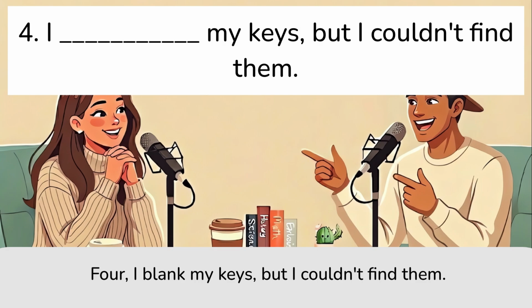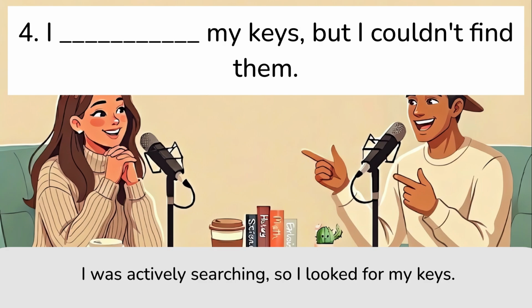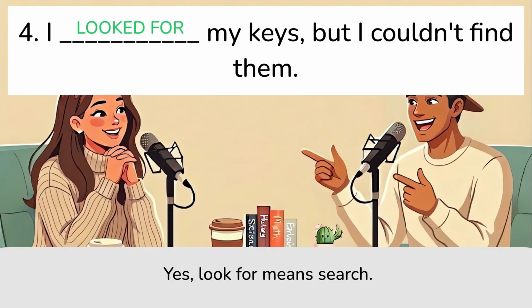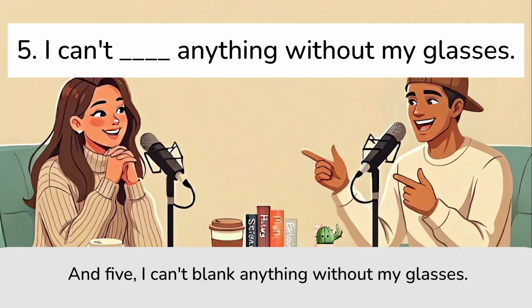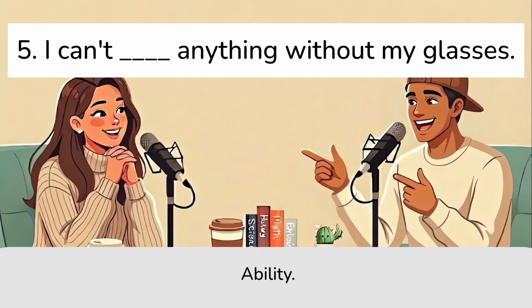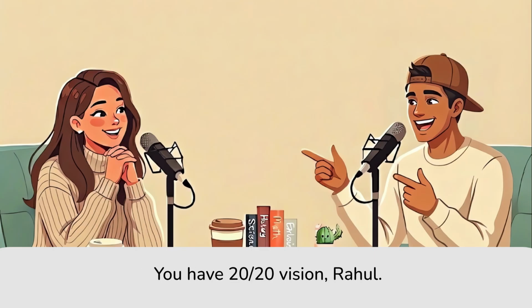Perfect. 4. I blank my keys, but I couldn't find them. I was actively searching, so I looked for my keys? Yes, look for means search. Good bonus phrasal verb. And 5, I can't blank anything without my glasses. Ability. I can't see anything. You have 20/20 vision, Rahul.